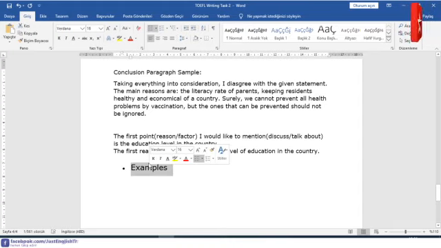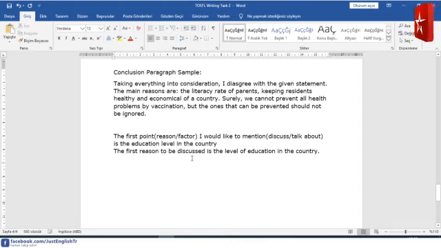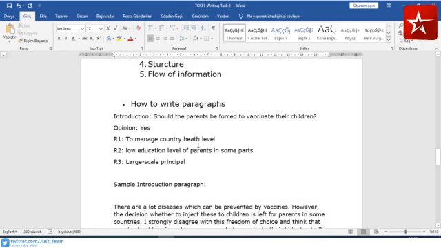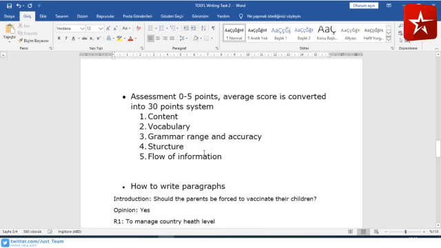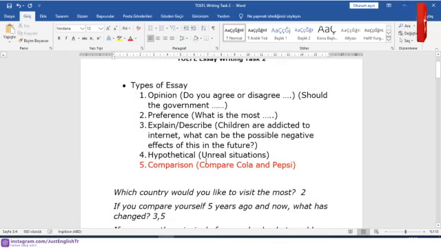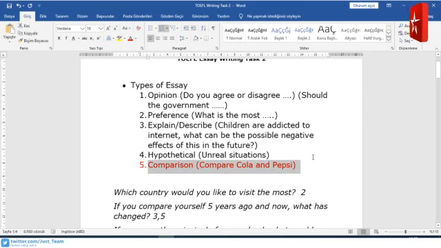Okay, examples we have already discussed. Let me just say one more thing. Do you remember in the beginning I told you that type number 5, comparison essay, has a little bit different structure, and the difference is that a comparison essay sometimes asks your opinion and sometimes it does not ask your opinion.